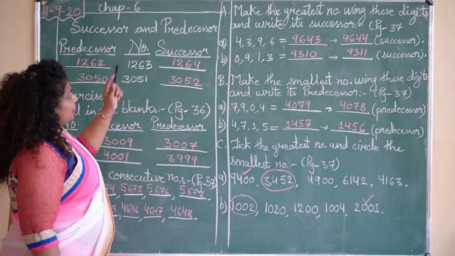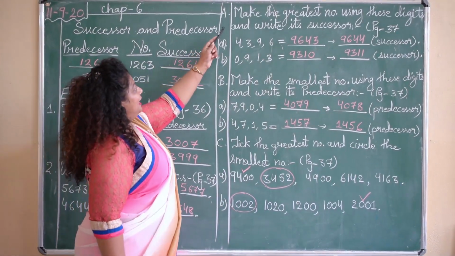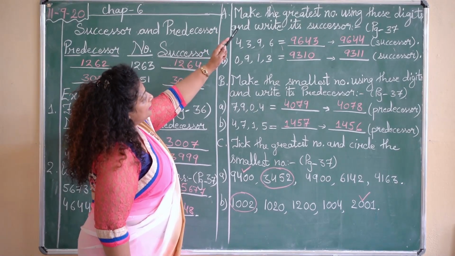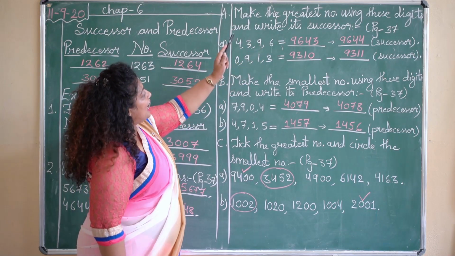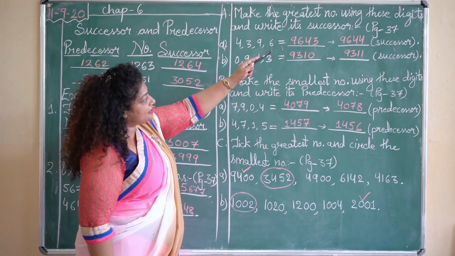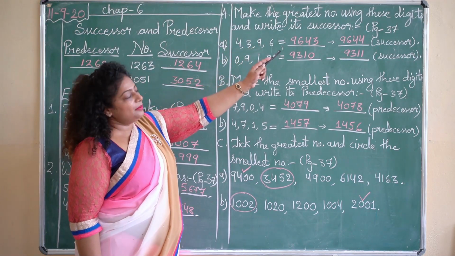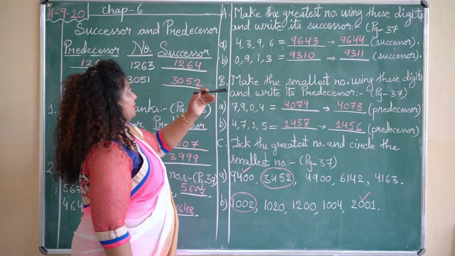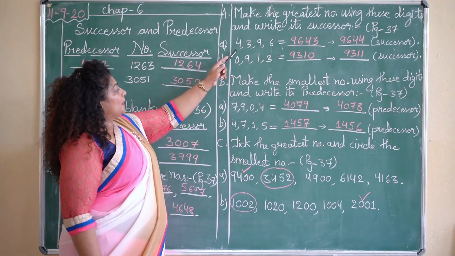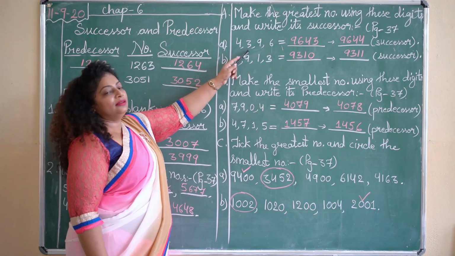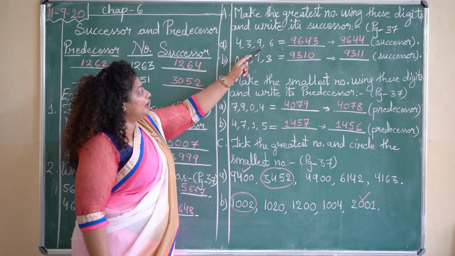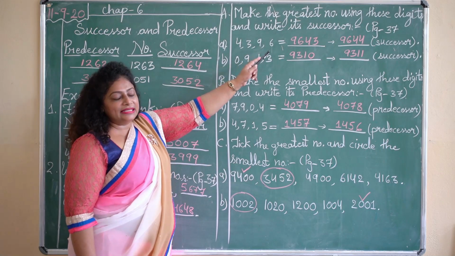Now I am coming to the next exercise, that is A dot. Make the greatest number using these digits and write its successor also, and it is given on page number 37. First number, digits are given to you, children: 4, 3, 9, 6.